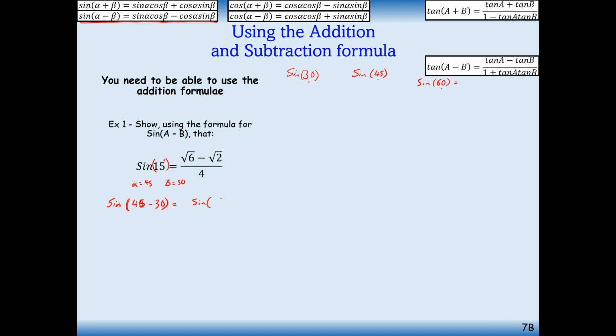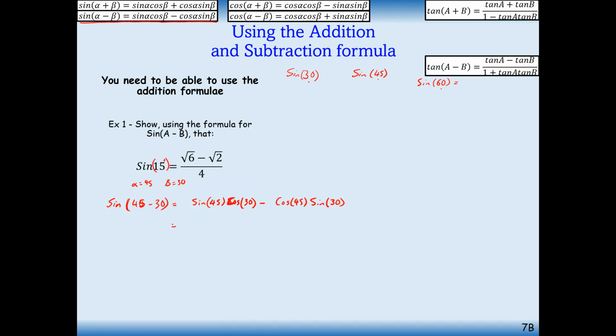So we'll have sine of 45 multiplied by cos of 30, and we're going to subtract cos of 45 multiplied by sine of 30 degrees.